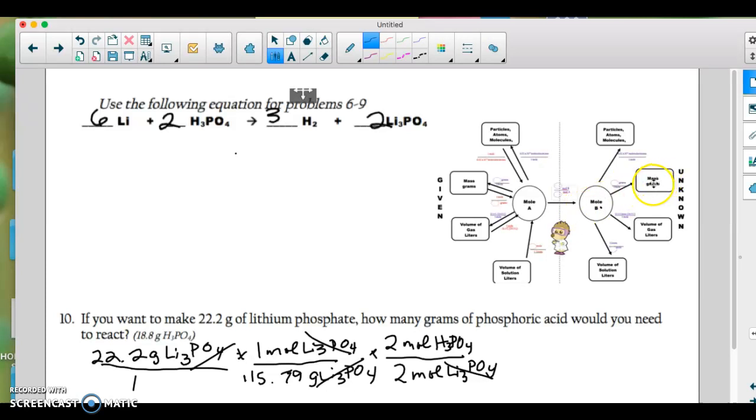And then one more step. I want to go to grams of the phosphoric acid. So molar mass, if I take 1.01 times 3 plus 30.97 plus 4 times 16 and add, I'll get 98 grams of phosphoric per 1 mole.